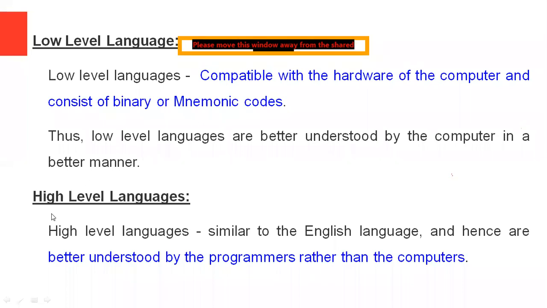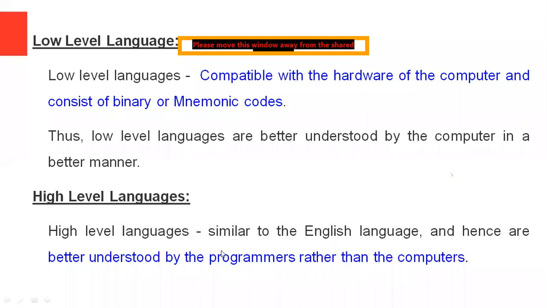So coming to high level languages. In a high level language, it is similar to the English language, right? So high level language is similar to the English language and hence is better understood by the programmer. So high level language is understandable to programmers, whereas low level language is understandable to the computer. Okay, so that is the difference between low level languages and high level languages.